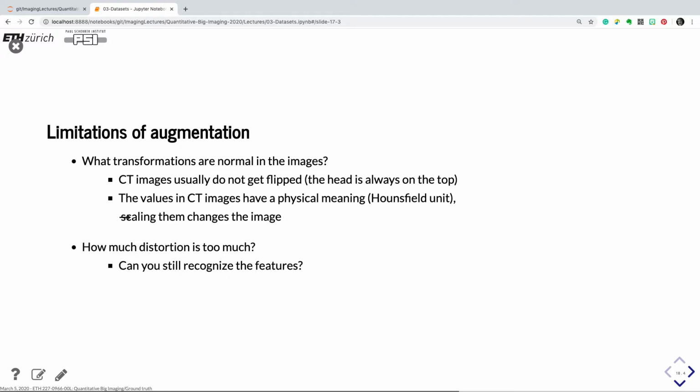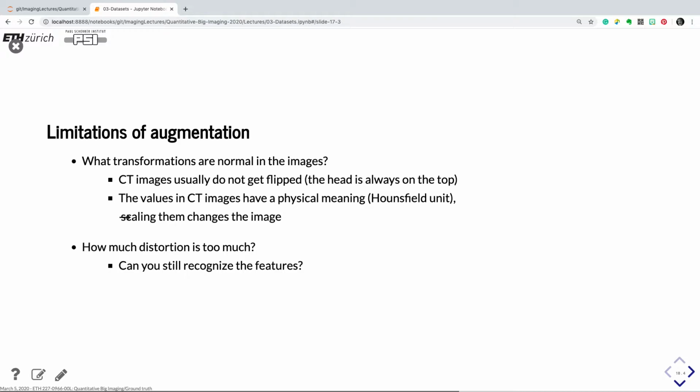And other things, you can't scale the intensities too much because, for example, in tomography, the intensities have a physical meaning. The Hounsfield units are normalized to water, and then you have a scale based on that. If you change the intensity, then you actually move away from what is real. For example, then the liver would have attenuation coefficients of bones, which wouldn't make much sense.